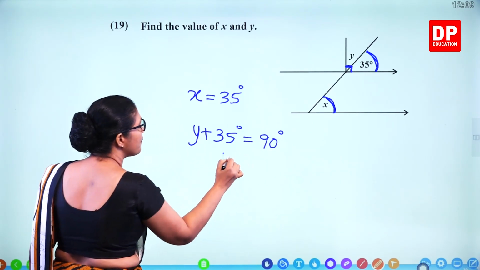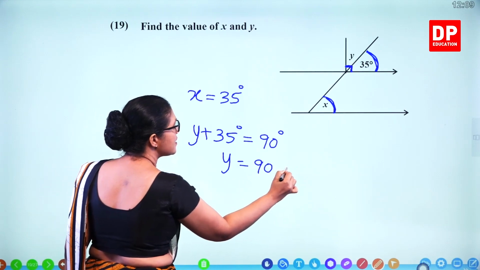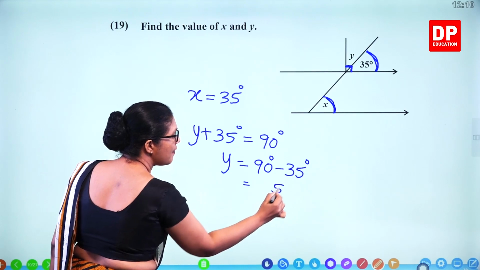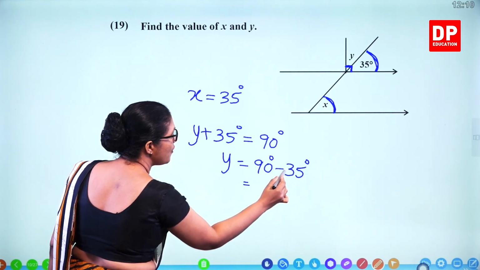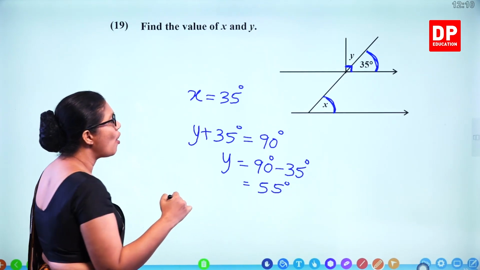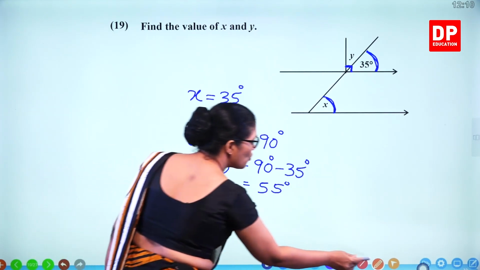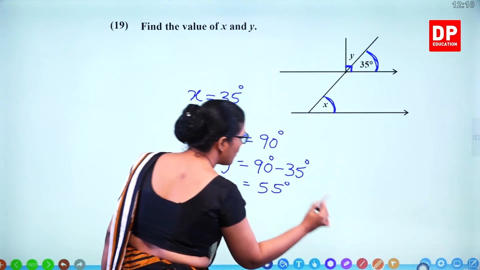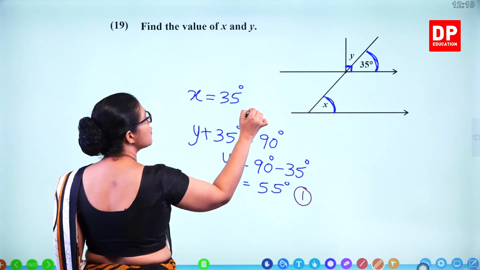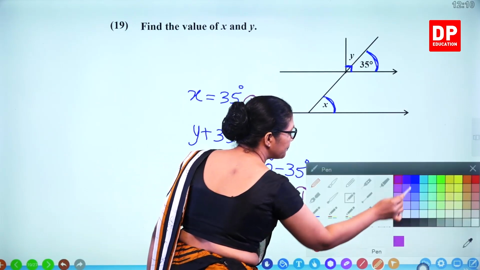So what's y? 90 minus 35. So you get 5. It's 10, 1 remaining. It's 4, 5. So 55 degrees for y value. So 2 marks. These questions are straightforward here. You don't need 2 minutes for these questions.